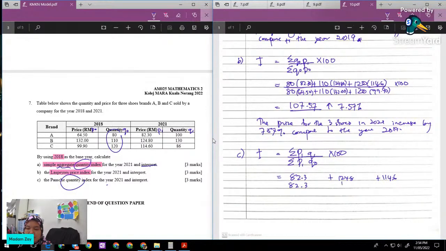Sama kat bawah pun. Okey, lepas tu masukkan quantity. Q1 kita adalah 100, 130, 86. Q0 kita 80, 110, 120.